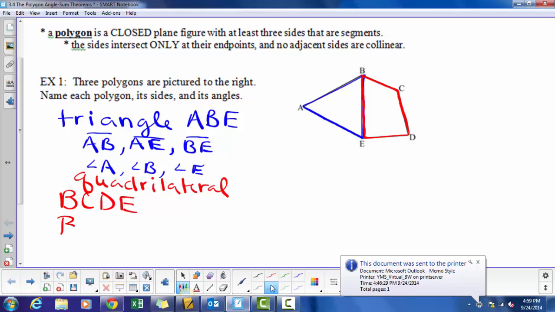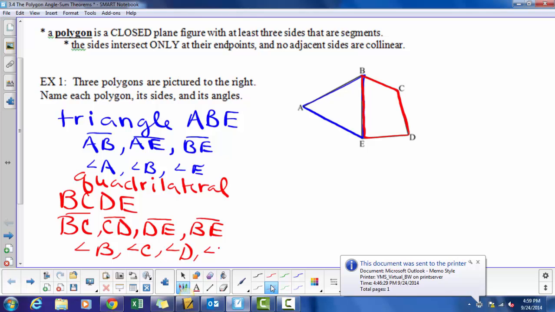The sides of our quadrilateral are BC, CD, DE, and BE. The angles of our quadrilateral are angle B, angle C, angle D, and angle E.